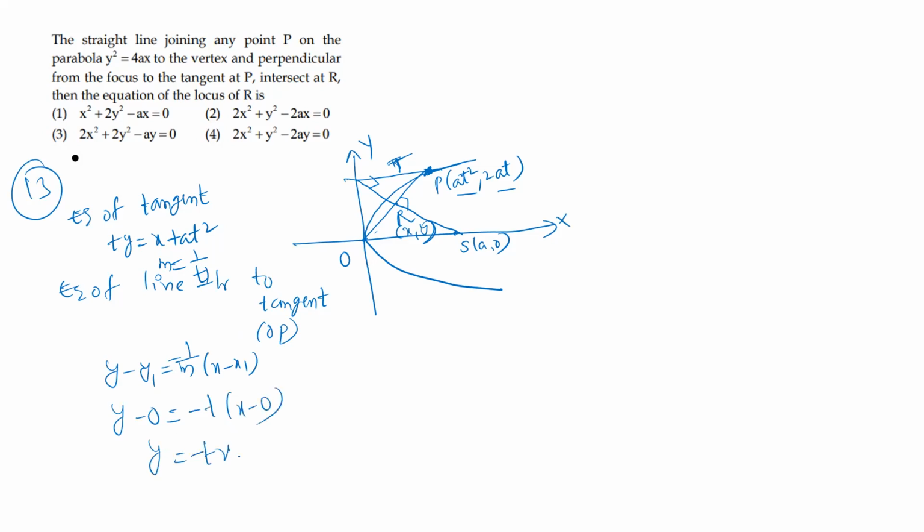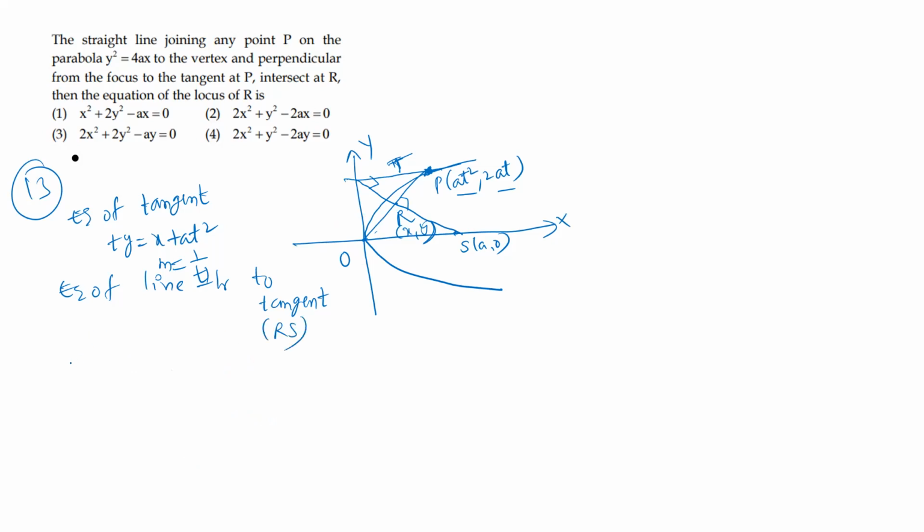Y is equal to minus tx. Is this clearly passing through 0? Yes, no. The perpendicular line is not passing, so that is OP. The perpendicular to the tangent is something different. Now see, this line through RS, for example, we need to find.